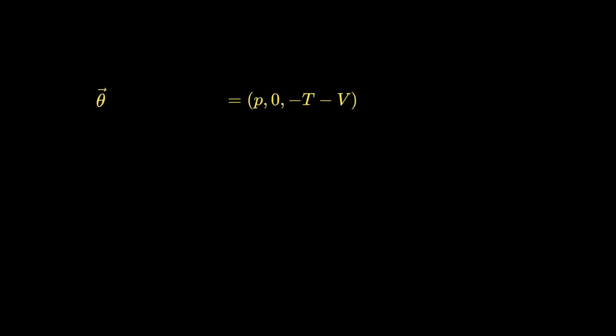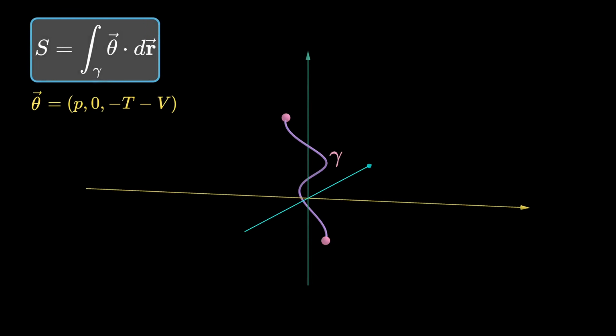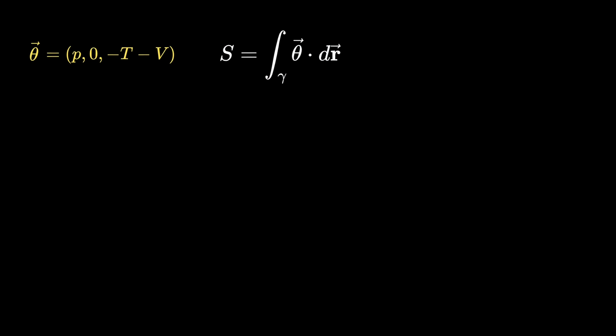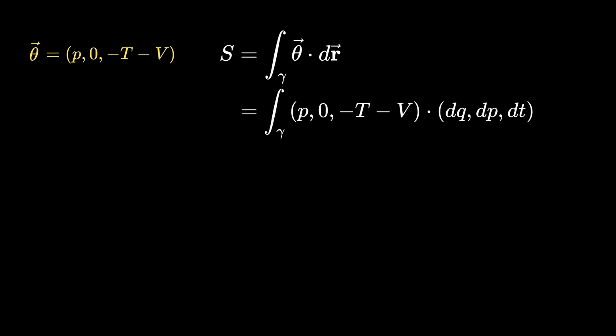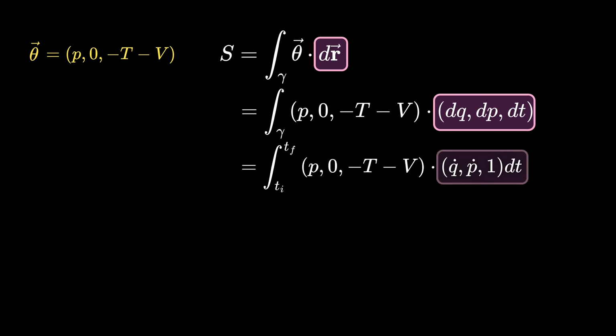The action we defined integrates theta along the path gamma. With the vector potential we have just described, let's compute the action S. We can substitute in our theta, and the infinitesimal line element dr is the vector dq, dp, dt, which can be written as q dot, p dot, 1 times dt.